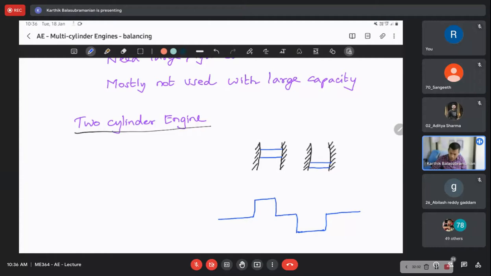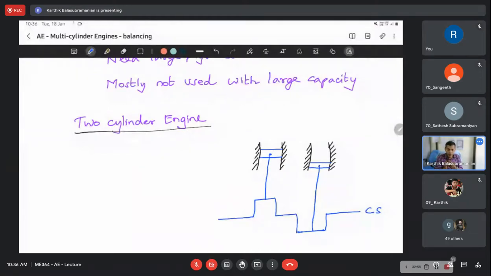I'm just drawing a line diagram. So let's say this is cylinder 1, with the connecting rod connected to the crankshaft, and cylinder 2 connected to the crankshaft. Are you getting the idea? This is the crankshaft. Is it clear? The rotation of the crankshaft. Yes, sir. It's clear, right? I'm just drawing lines, I want to keep it simple.